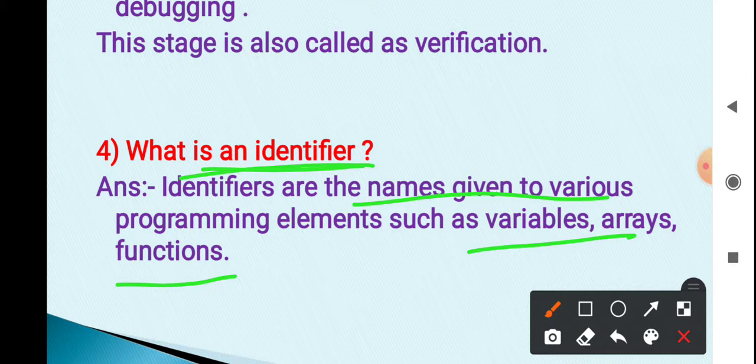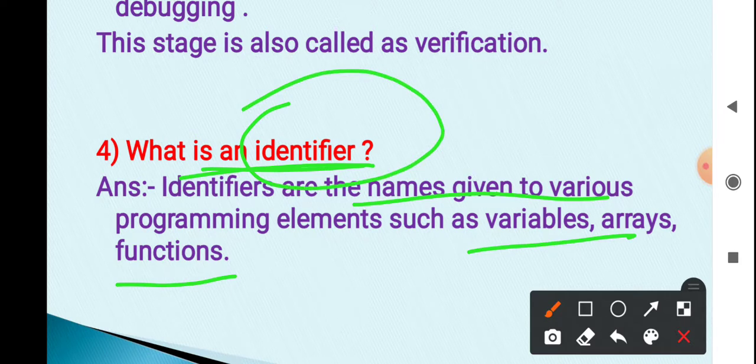Programming elements can be a variable, a constant, a function, or an array. Whatever name you give for the various programming elements is called an identifier.